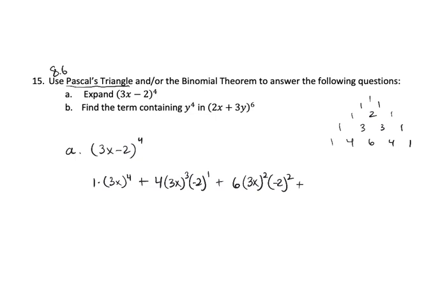Here we're going to have a coefficient of 4. 3x is to the 1st power. Negative 2 is to the 3rd power. And finally, we have a coefficient of 1. 3x is to the 0 power, which we don't need, but negative 2 is to the 4th power. So 1 times 3x raised to the 4th power is 81x to the 4th.